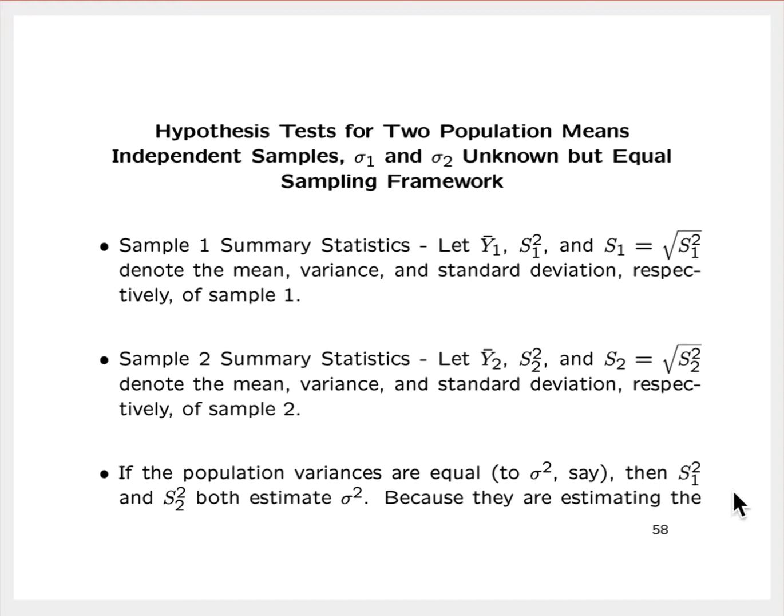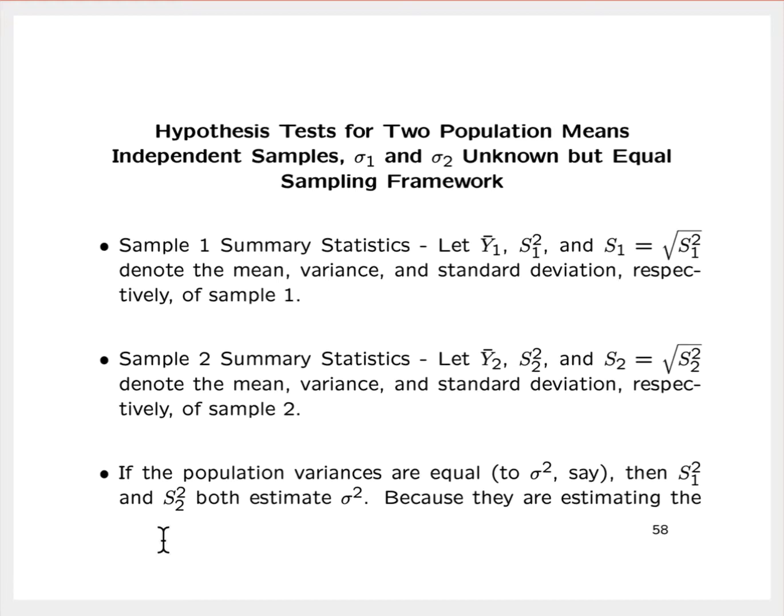Now, if the population variances are in fact equal, and we denote their common value by sigma squared, then note that S1 squared, the variance of sample 1, and S2 squared, the variance of sample 2, are both unbiased estimators of sigma squared.